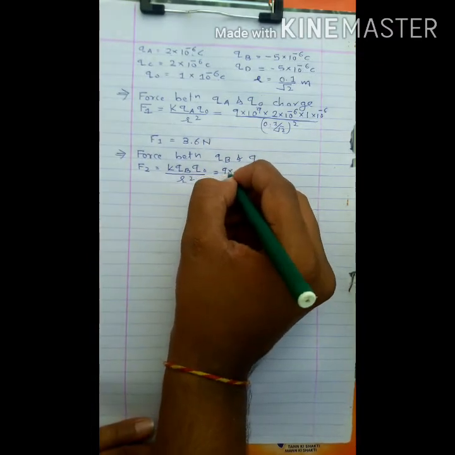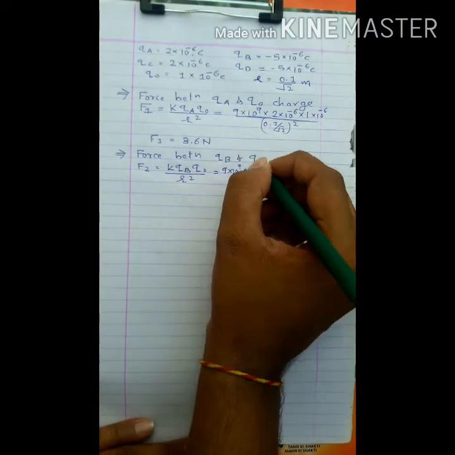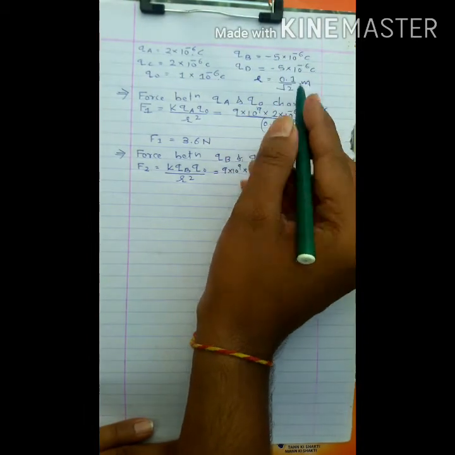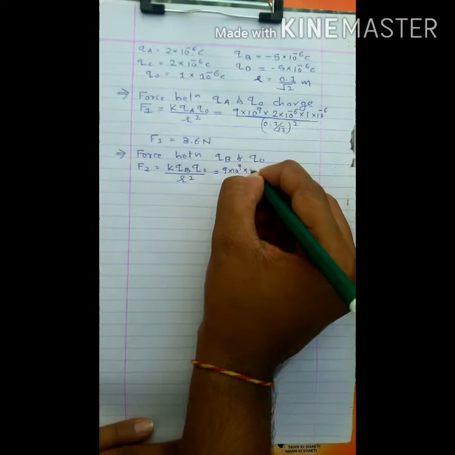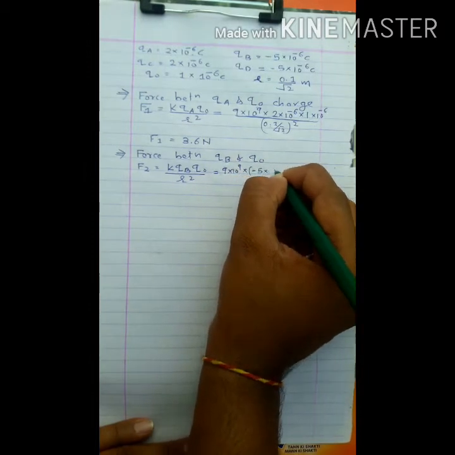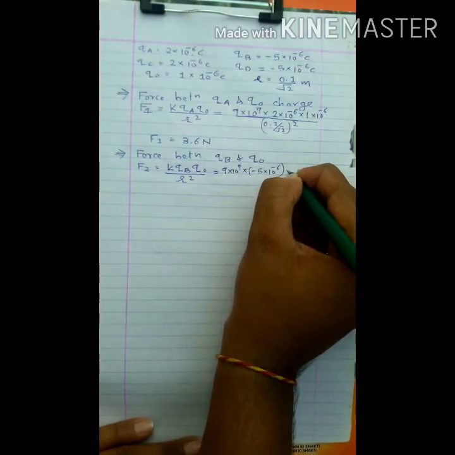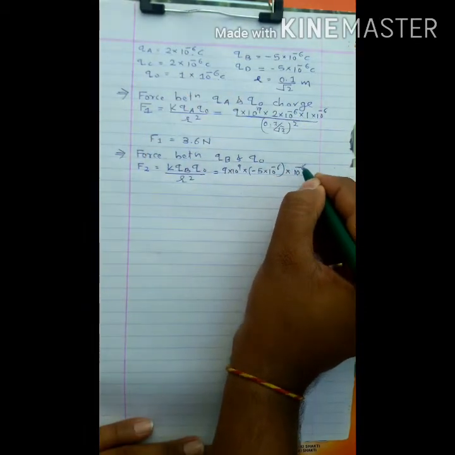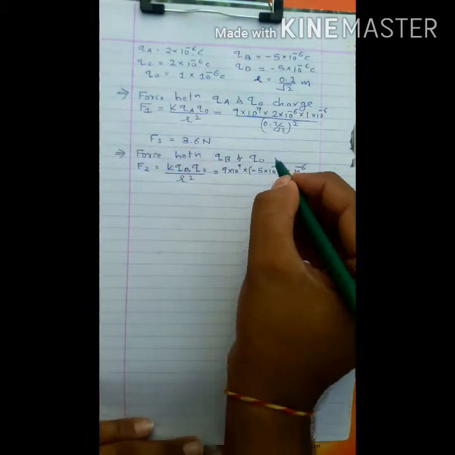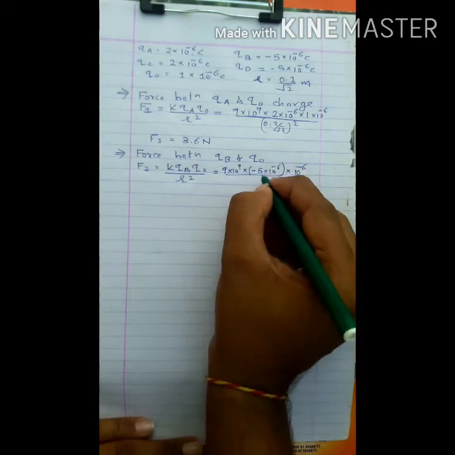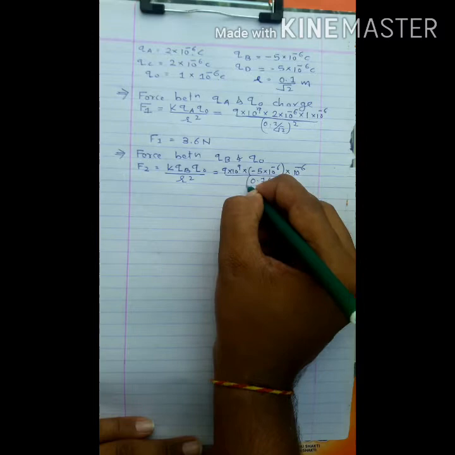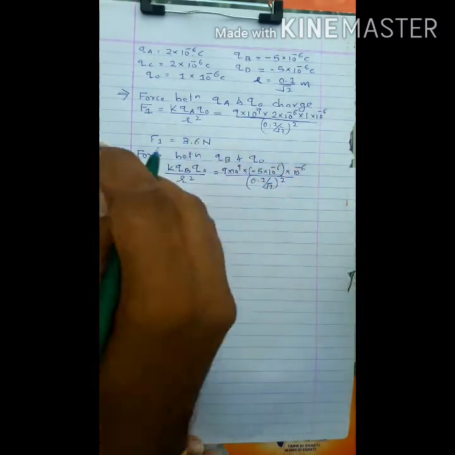Substitute all values. K is 9 into 10 raised to 9, QB is our negative charge, minus 5 into 10 raised to minus 6, so this term becomes negative, and Q0 is 1 into 10 raised to minus 6, divided by 0.1 upon root 2 square.